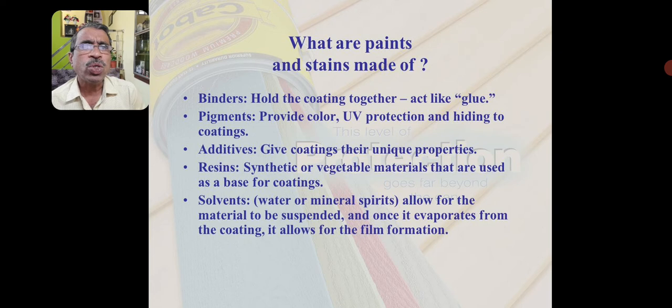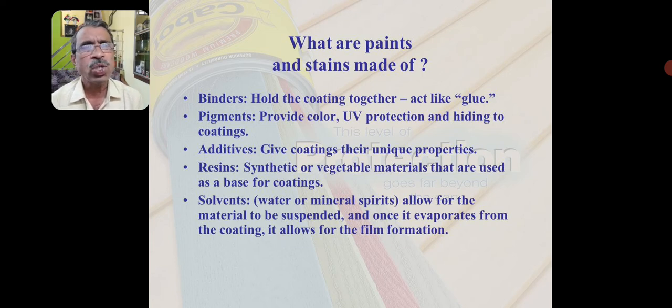This slide shows what paints and stains are made of. The binder in the paint holds the coating together and acts like a glue. The pigments provide color, UV protection and hiding to coatings. Additives give coatings their unique properties.